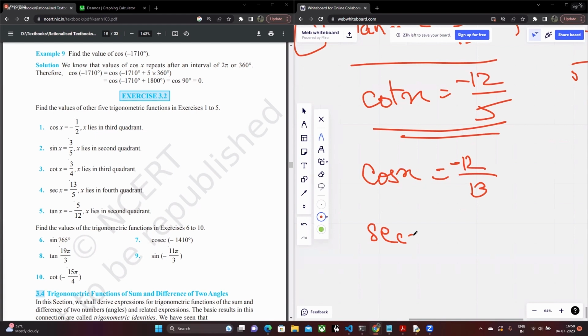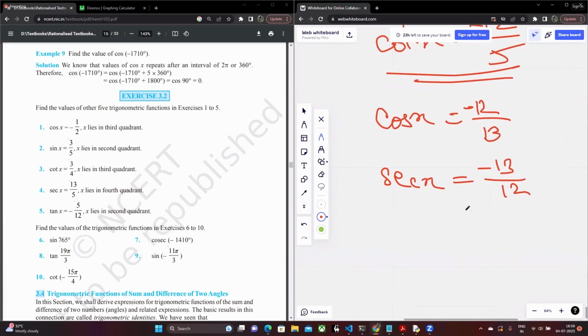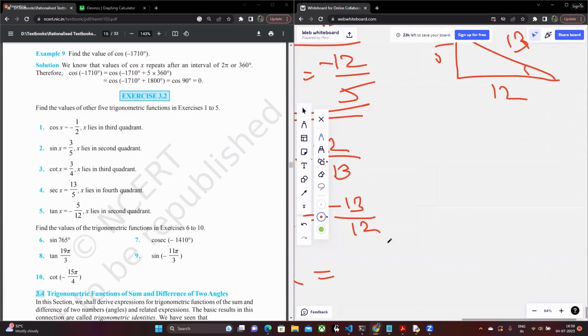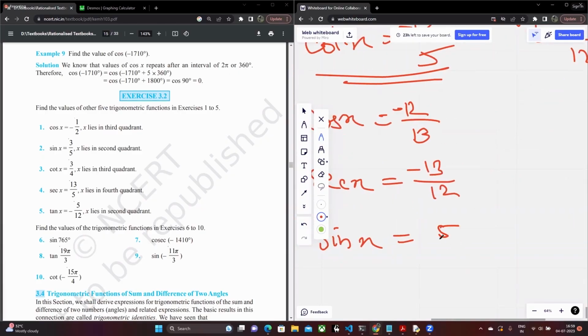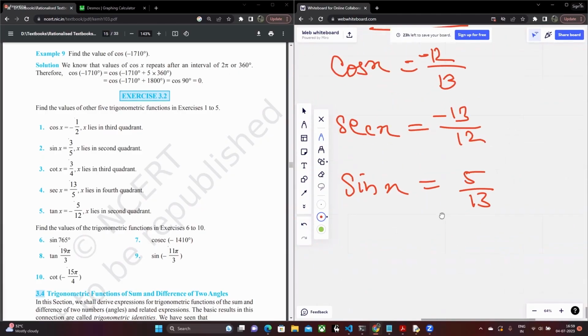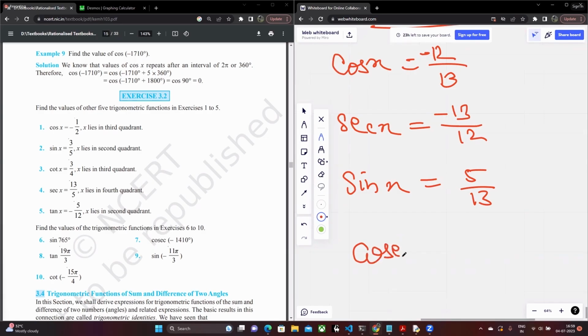Then secant x is going to be minus 1 by cos x. That is going to be minus 13 divided by 12. And finally, sin x is going to be 5 by 13. Since it's the second quadrant, sin x is positive, so I'll just keep the plus as it is. All right, and cosecant x is going to be equal to 13 divided by 5.